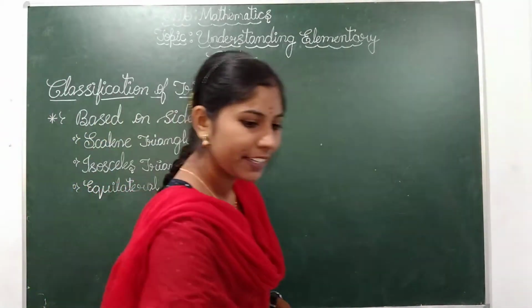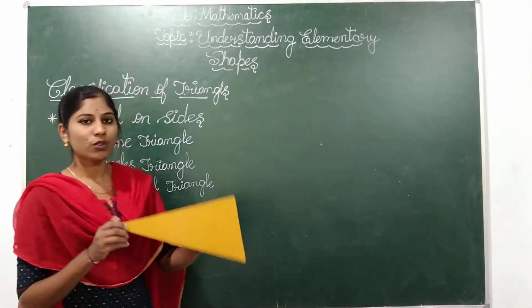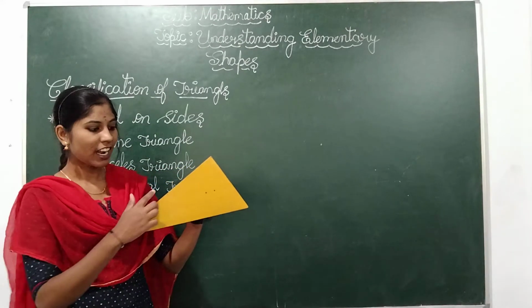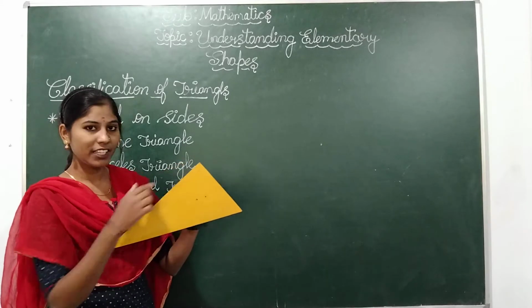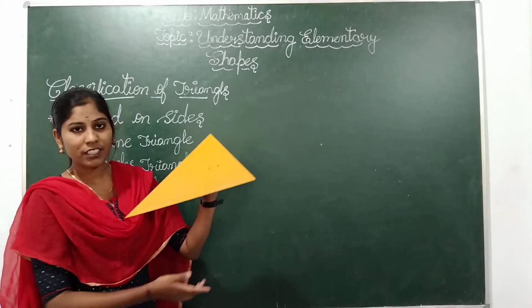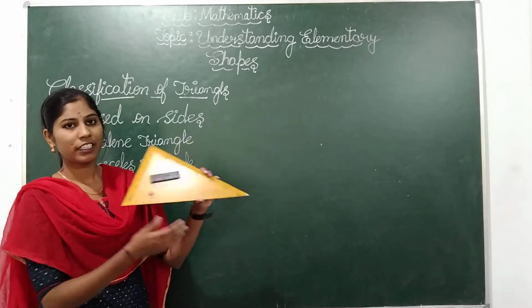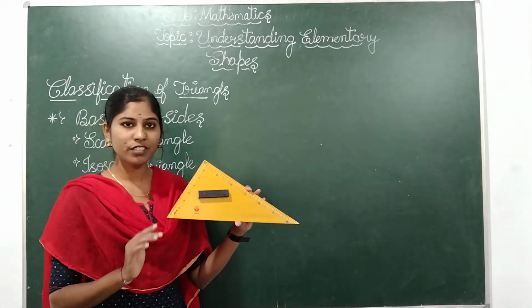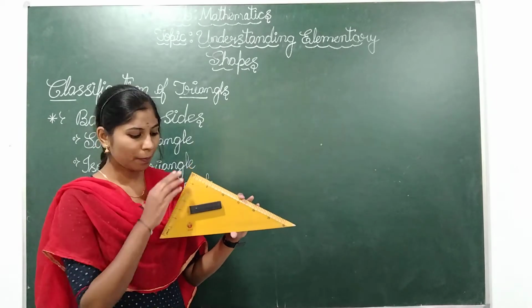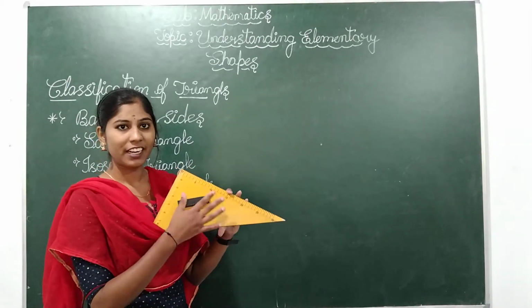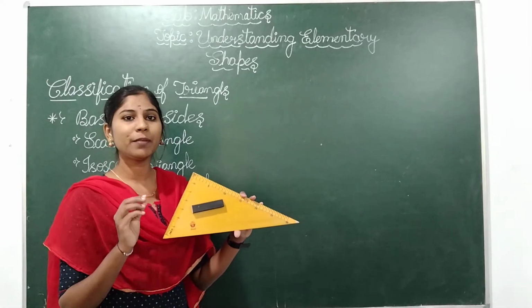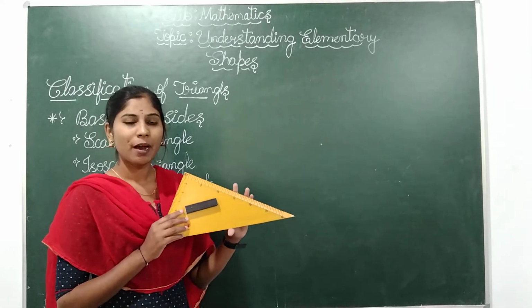You already have an idea about the triangle. This is the shape of the triangle with three angles, three sides and three vertices. This is an example of a triangle. A triangle is a closed figure, a polygon made by sides, and as we know we need a minimum of 3 sides to make a polygon.